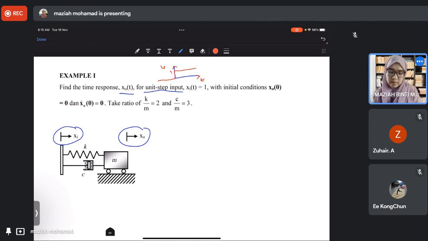All right. I believe you already derived for this equation. Is it? Derive.